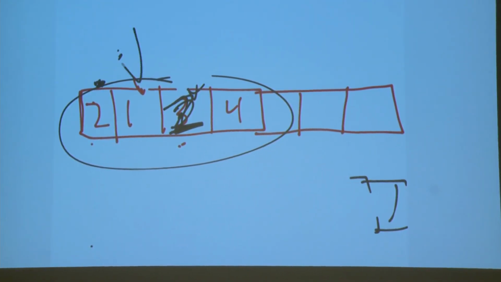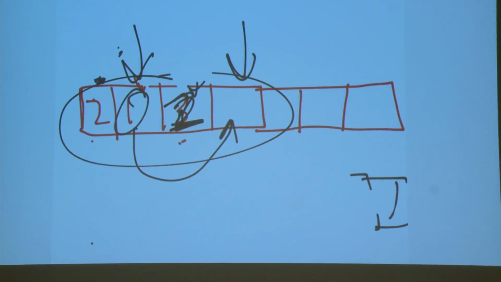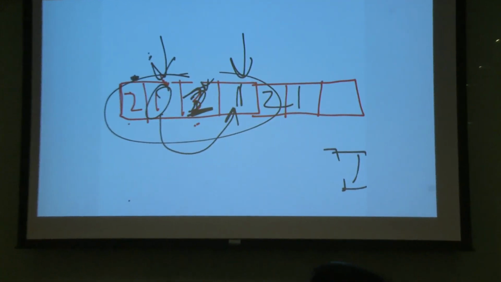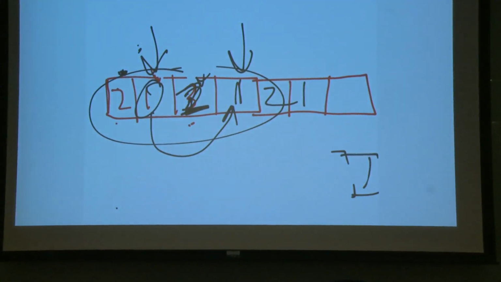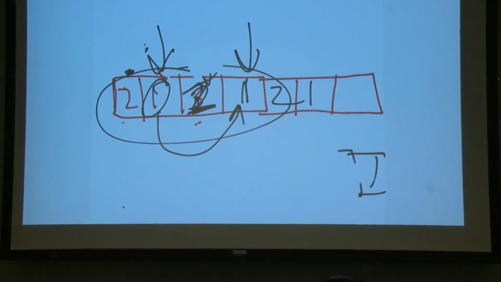Now we're here and here, and I want to copy this guy over this guy, and move our pointers forward. So what we're going to end up getting is 2, 1, 2, 1, 2, 1, instead of the appropriate 2, 1, 2, 1, 3, 4. The 2, 1 overwrote the original 3, 4.